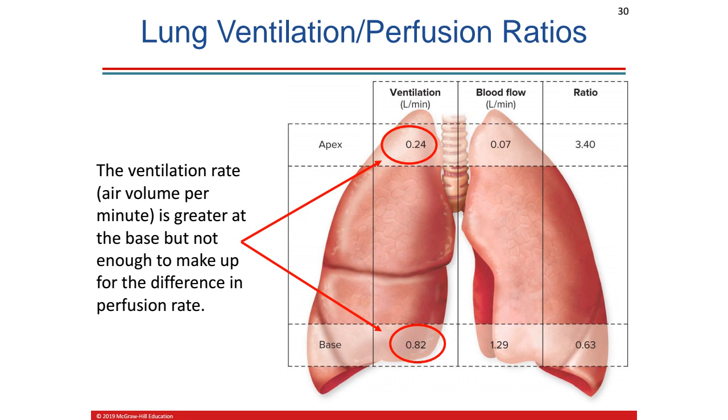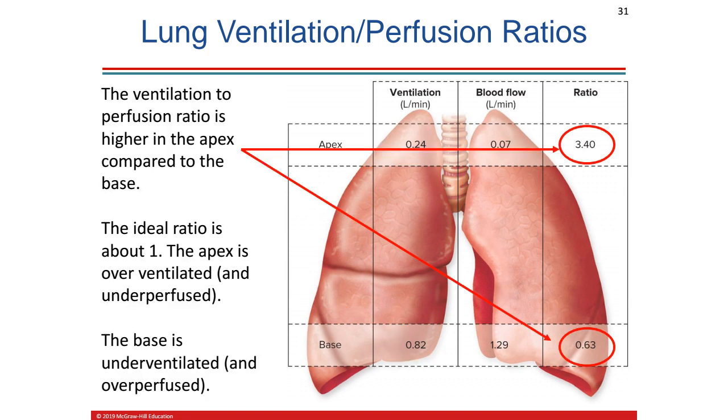Recall that in the previous slide, the perfusion rate was much higher at the base compared to the apex. So we might expect that the ventilation rate is perhaps higher at the base also. And it is higher at the base compared to the apex. But the difference is not great enough to make up for the difference in perfusion rate.